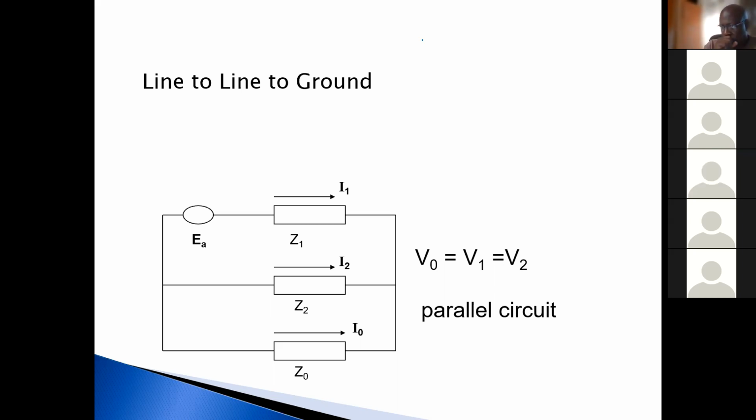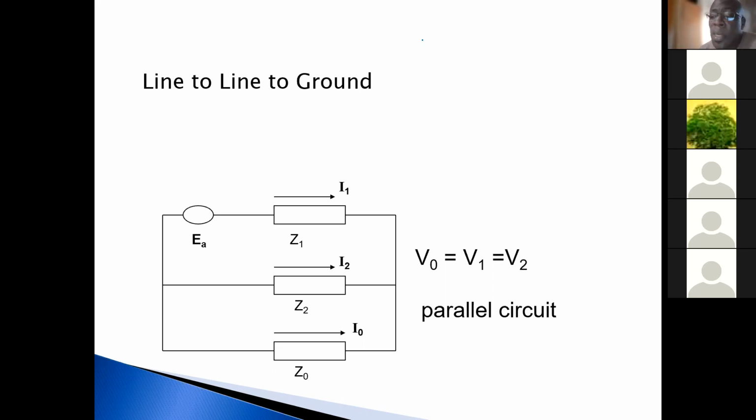However, the three networks are shown in parallel, but what kind of circuit do we have? What kind of circuit are we showing here? Anybody?